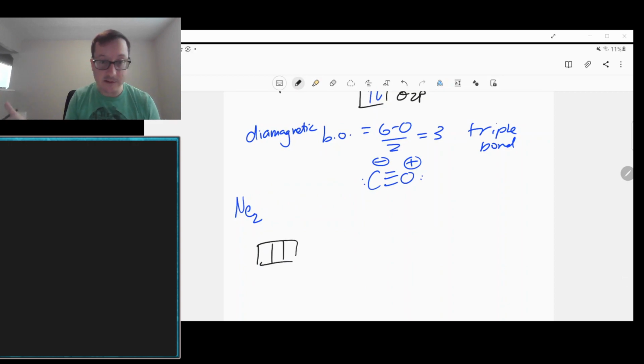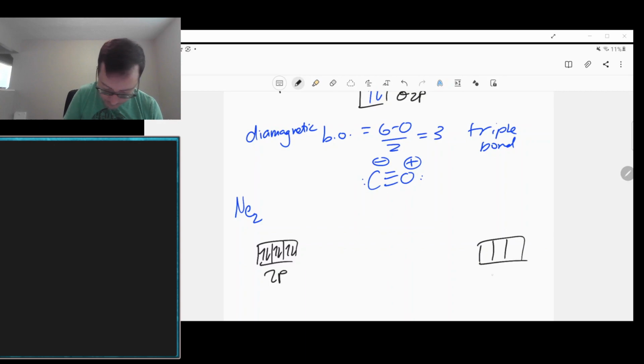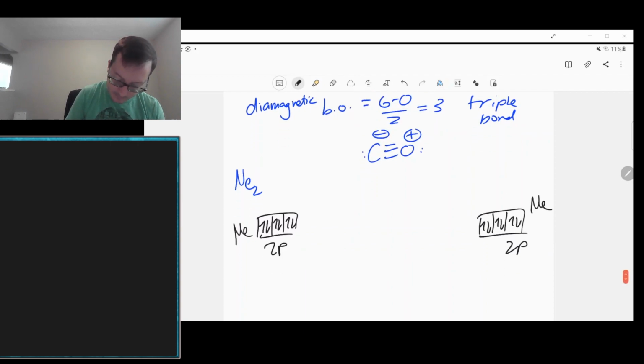We probably expect it's not going to form because it's two noble gases, but we can have proof. Neon has 6 electrons. I'm not going to draw that.